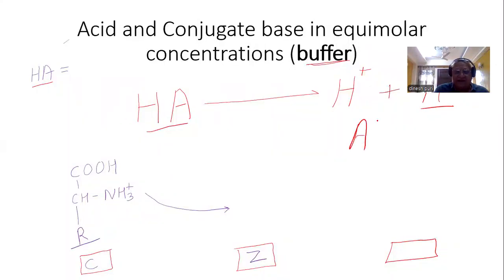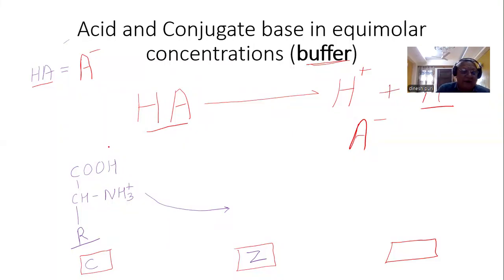I write it here: when both are present in equimolar concentration, then the system acts as a buffer. So an acid and its conjugate base in equimolar concentration constitute a buffer system. So HA and A minus. Now let us look at amino acids.